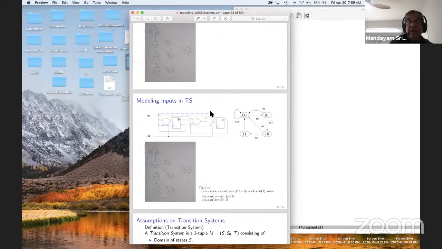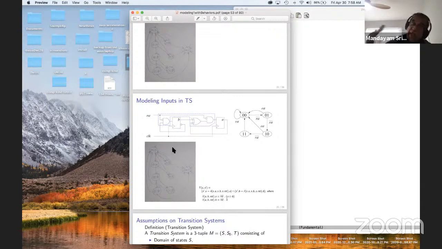And then you could still model reset as an input, and then you can have a separate system for the environment, and you can have a certain way of composing these systems.